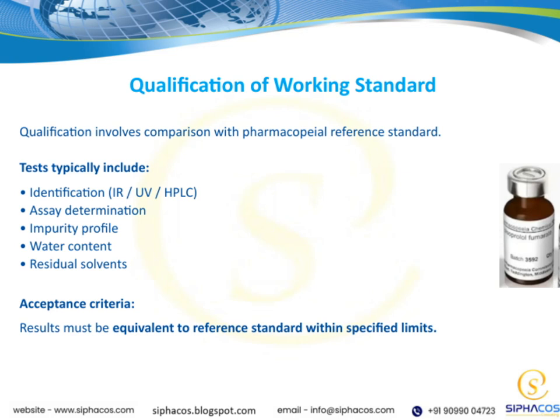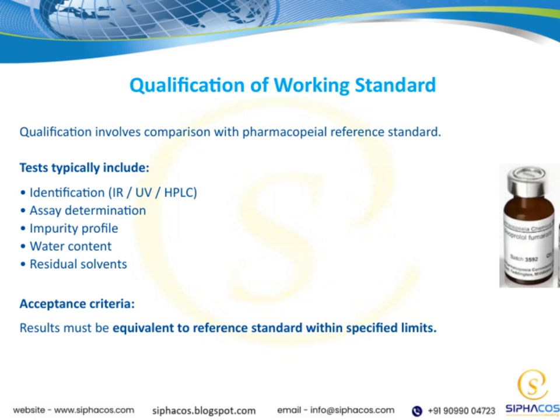Essentially, this involves comparing our testing standard to a pharmacopoeial reference standard. This comparison ensures that our standard is reliable and consistent with recognized benchmarks. When we perform qualification, there are several key tests we typically run. These include identification tests, which can be done using IR, UV, or HPLC methods to confirm the substance's identity.